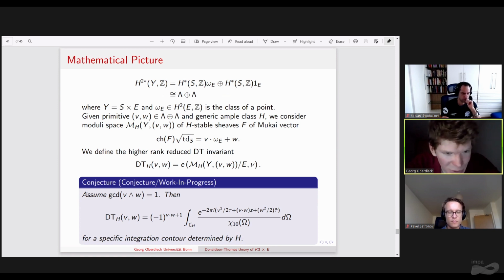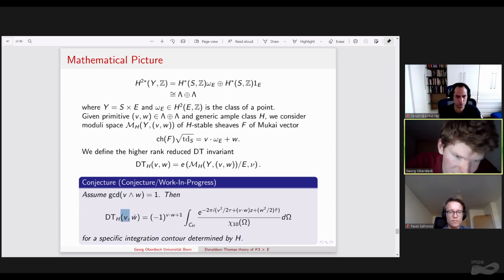And the simplest version to state this is that if you make again the simplifying assumption that the GCD of these two vectors is 1, then this Donaldson-Thomas invariant for this given charge is exactly of the form predicted by physics.